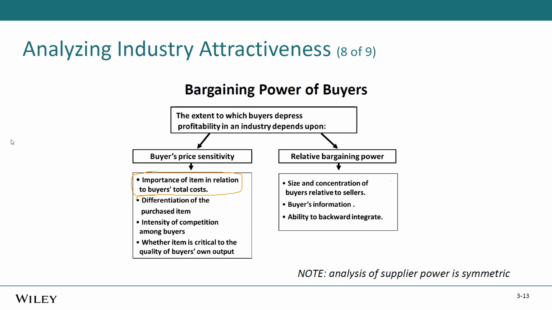Next is the level of differentiation in the purchased item. Is this a commodity like gasoline? Well, if it's gasoline, we're not going to be very willing to pay more for your gasoline at Exxon versus BP's gasoline because it's not differentiated. We're fine with either. In the case of CPU chips, well, for a long time, customers wanted Intel CPUs because they were the fastest.